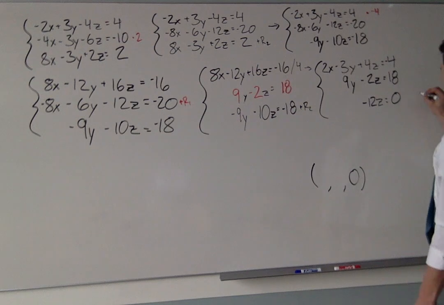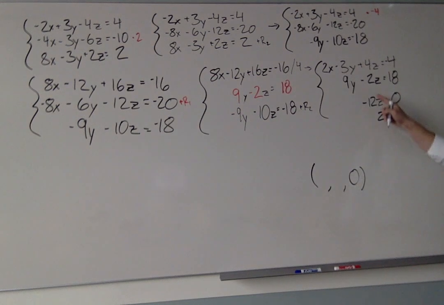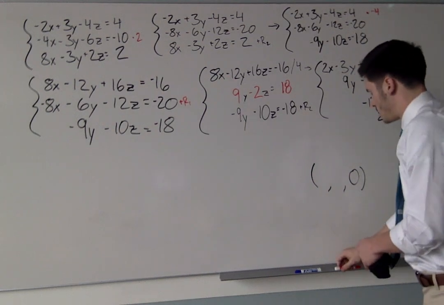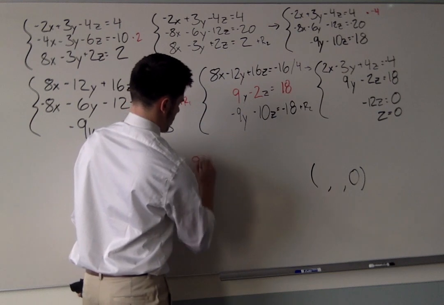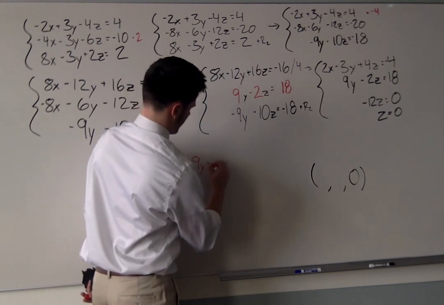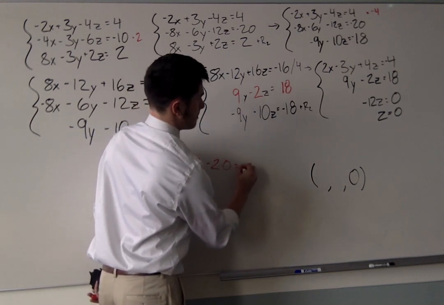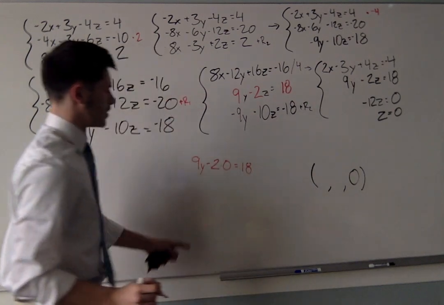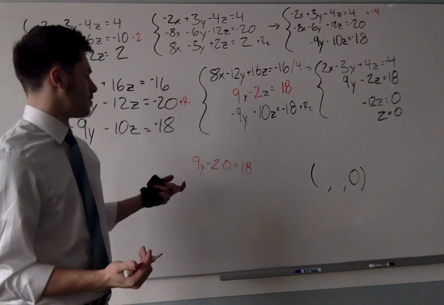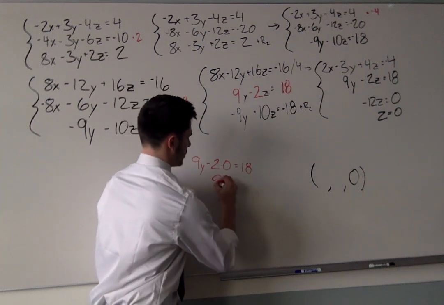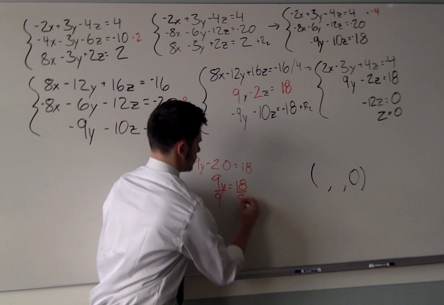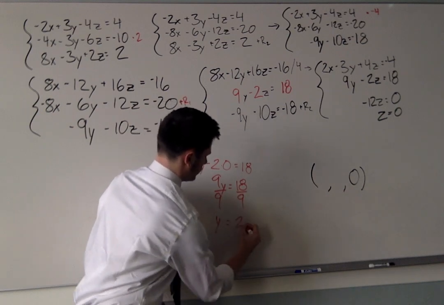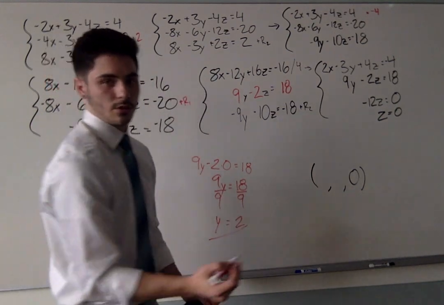So if z equals 0, we can plug 0 in for z right here. And we know that 9y minus 2 times 0 equals 18 can just be rewritten as 9y equals 18. Divide both sides by 9. We'll see that y equals 2. So we'll put 2 into our solution.